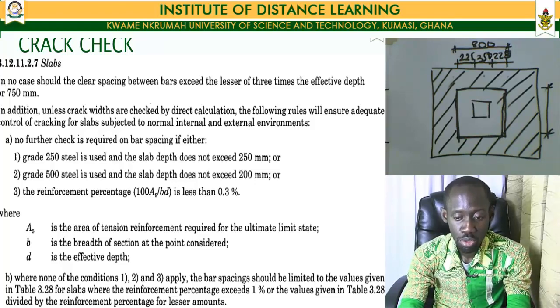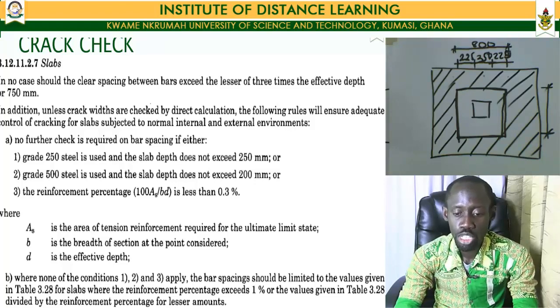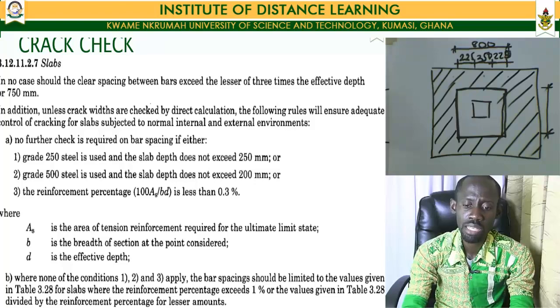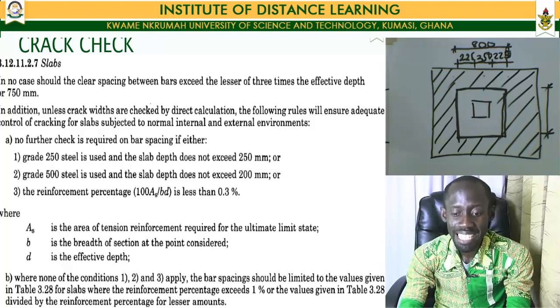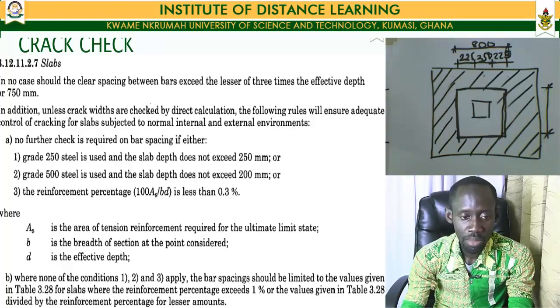For our design, we are making use of steel grade of 250 newtons per millimeter squared, and the total depth of our section is equal to 200 millimeters, in which case we are not exceeding the 250 as stipulated by our second condition. Once we are not exceeding this second condition, it means that after checking for our spacing, no other check ought to be made for our crack limits.